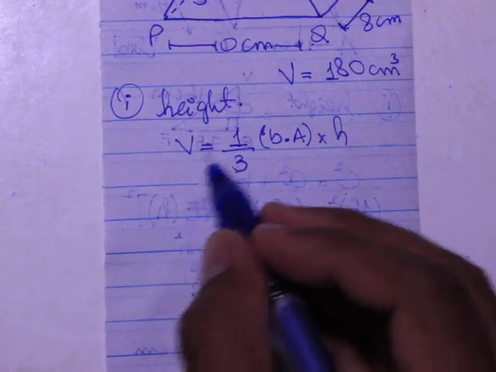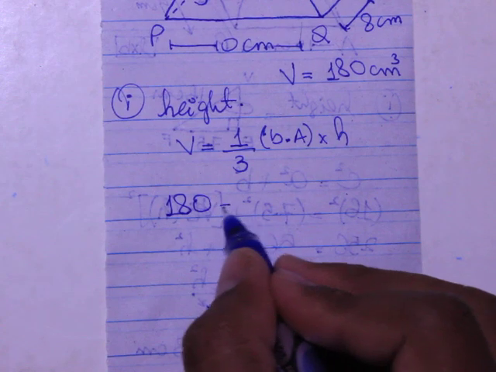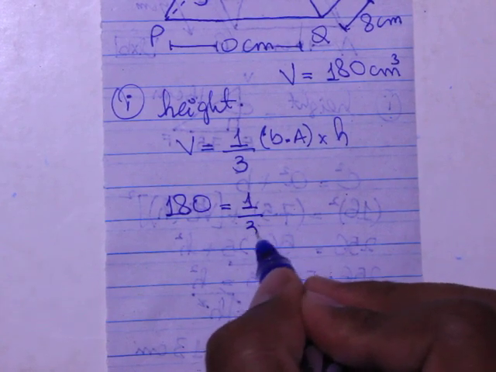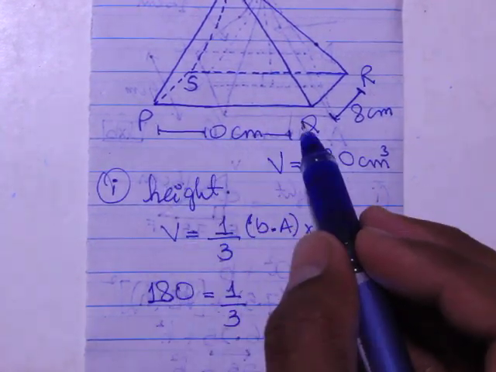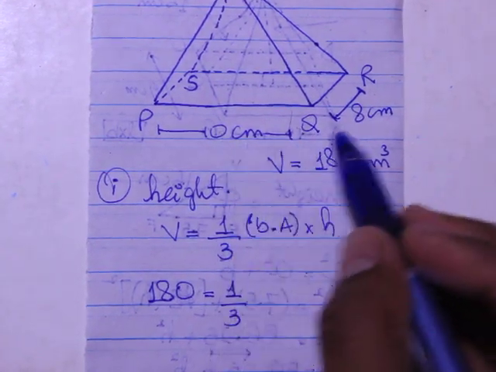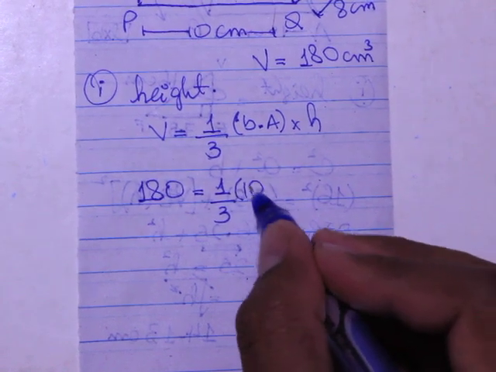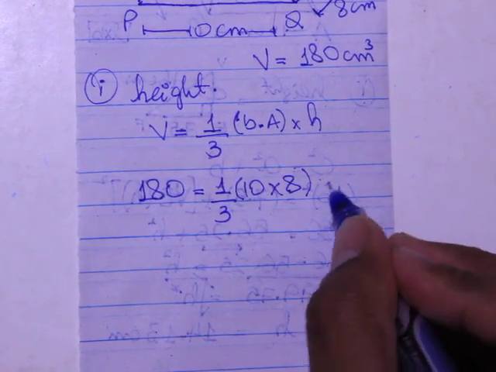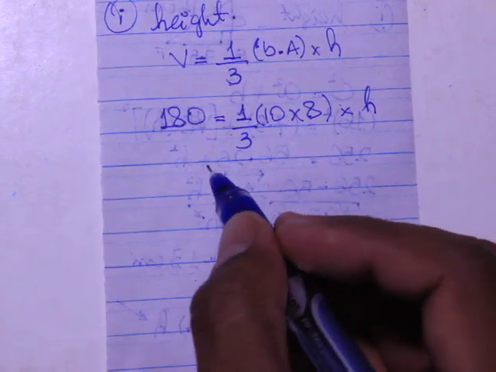So I must replace volume with the given value 180, and we have 1 upon 3, and for the base area I use the given length and breadth, 10 multiplied by 8, and as I don't know the height, I leave h as it is.